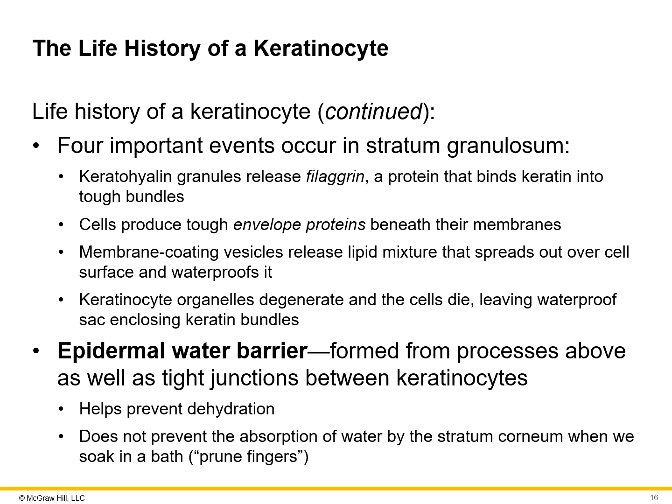Some other important events are going to happen within the life of a keratinocyte. In the stratum granulosum, there are going to be 4 key events that happen to this keratinocyte. So, as the keratinocyte is filling up with those pre-keratin granules in the stratum spinosum, it will eventually produce a keratohyalin granule. Right? And so as this granule is being produced, the organelles are going to start to disintegrate and the cell is going to die.